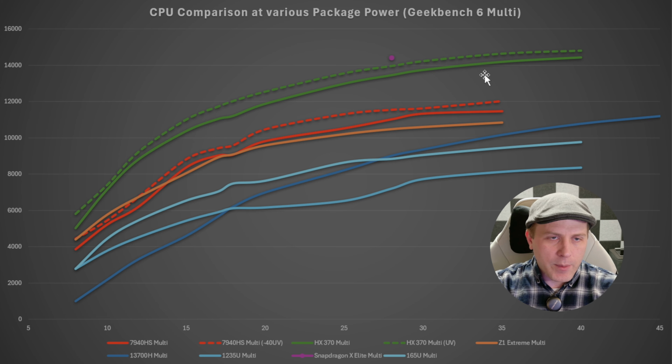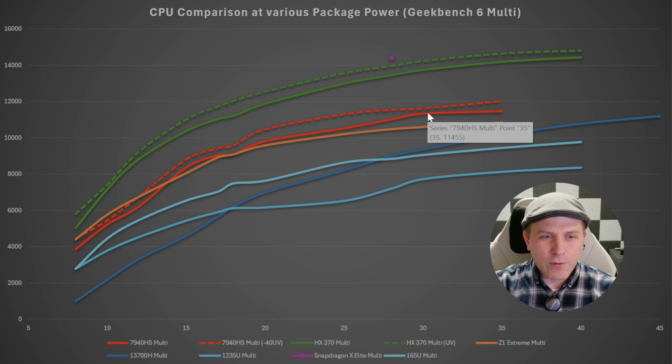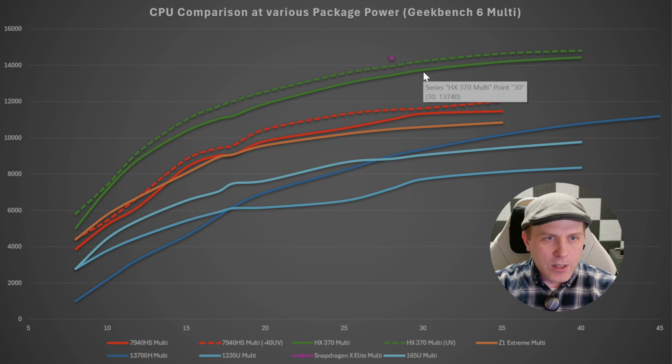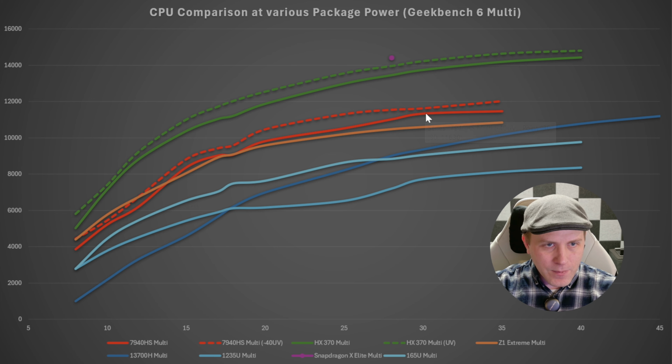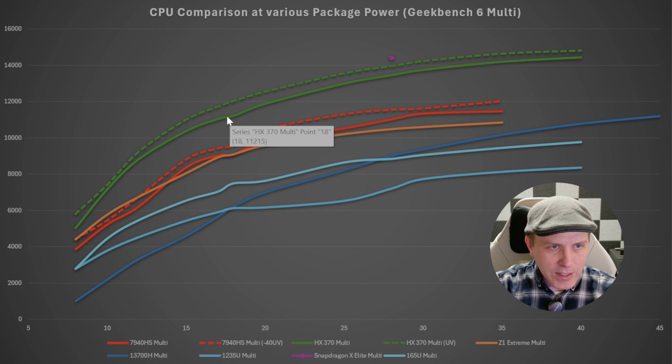But just look at the curve. You can see not only, look at 30 watts. You're getting 14,186 versus an 11,455. So not only at the 30 watt level are you getting a ton more performance, but the same level you get at 30 watts on the 7940HS, you could get using only 17 or 18 watts.